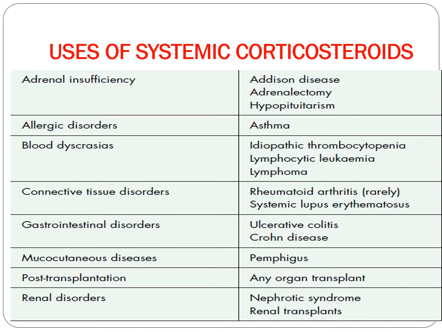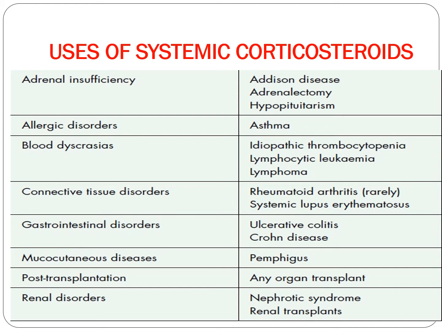So what are the conditions for the use of systemic steroid? Adrenal insufficiency, that will be Addison disease, adrenalectomy, and hypopituitarism. There will be deficiency of the steroid.